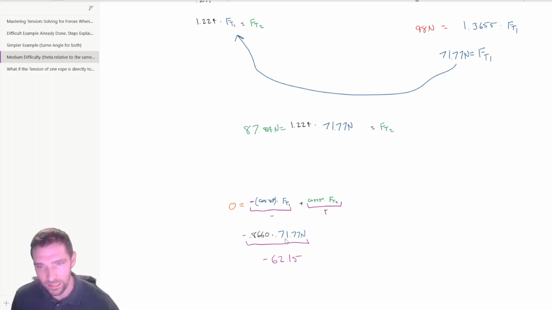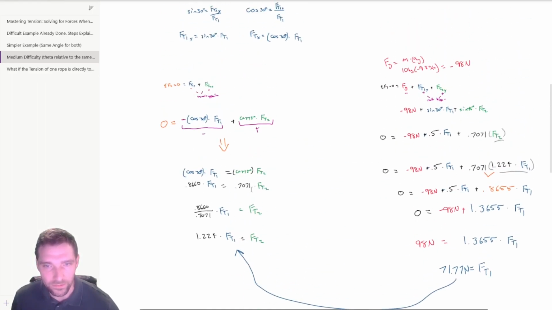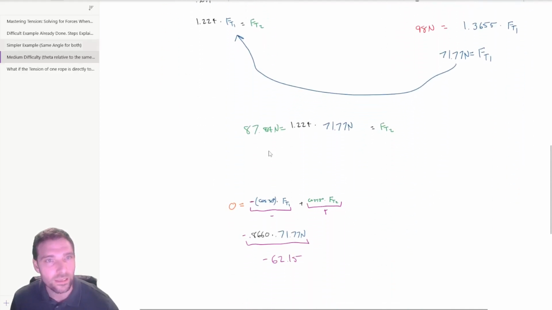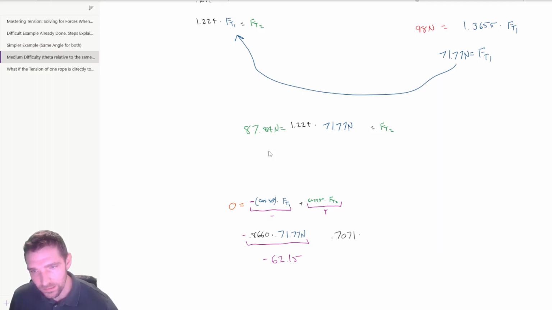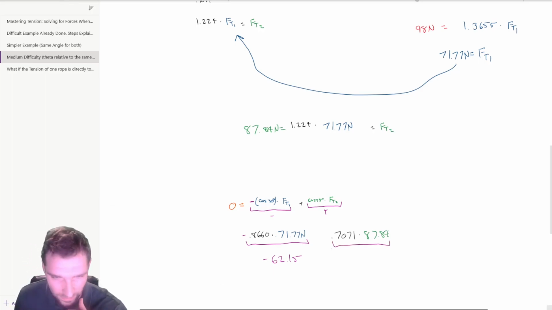And then we've got the cosine 45 times whatever that was. So cosine 45 was 0.7071 times the 87 number that we got there for that tension of 2. So if we end up combining those, that should cancel out.